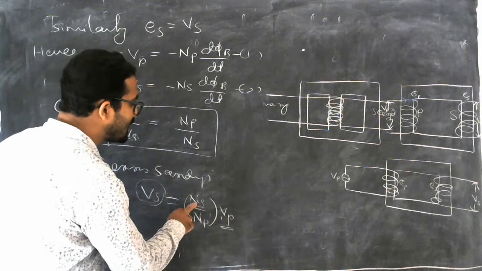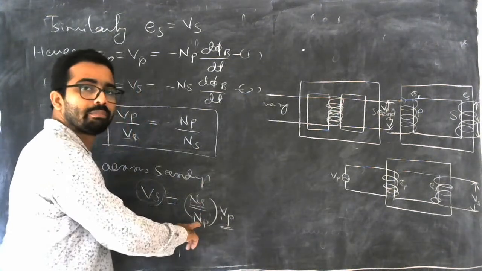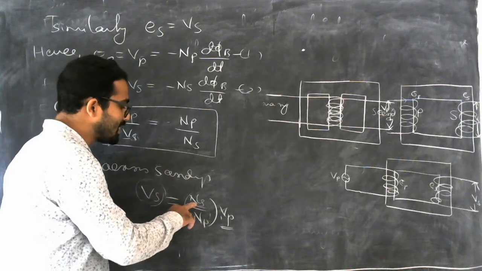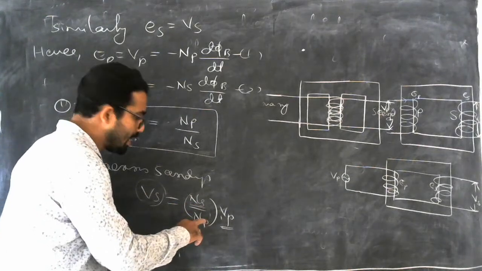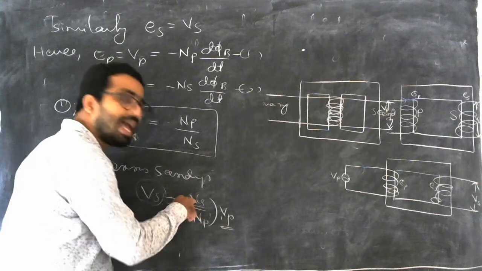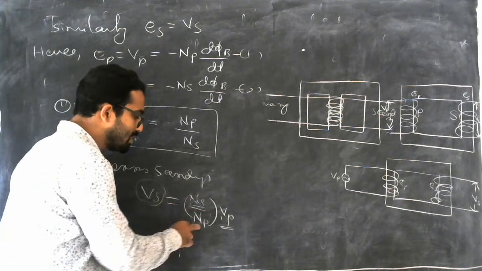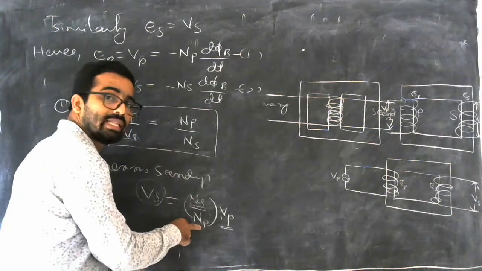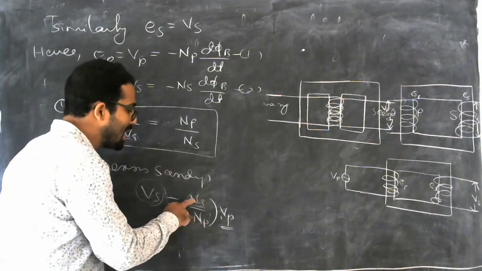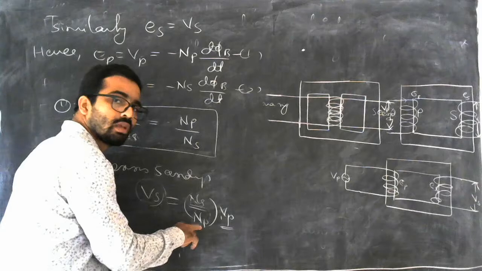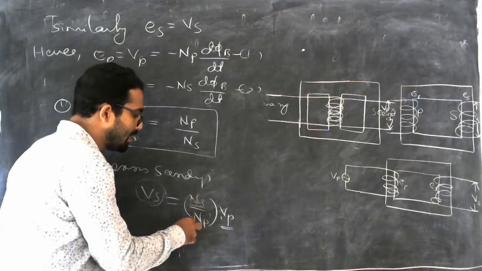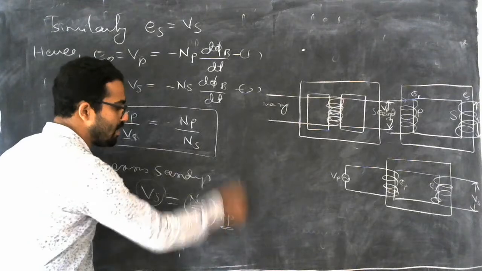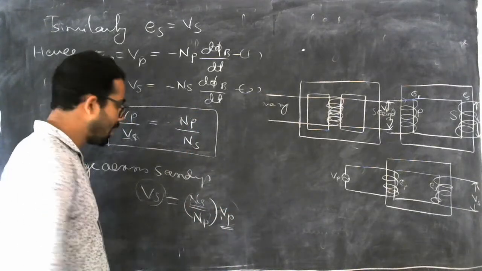If Ns is greater than Np, okay, I am repeating, if Ns is greater than Np, or Np is less than Ns, that is, the number of turns in the secondary is greater than Np, then Vs is greater than Vp.